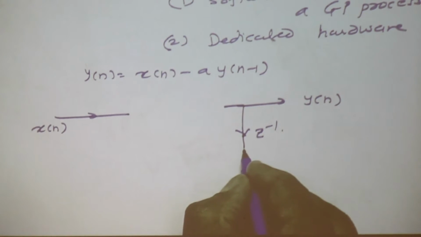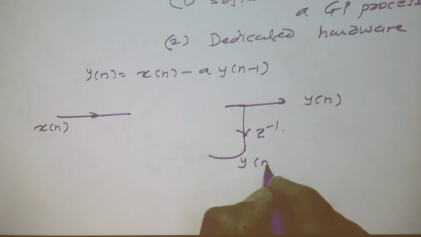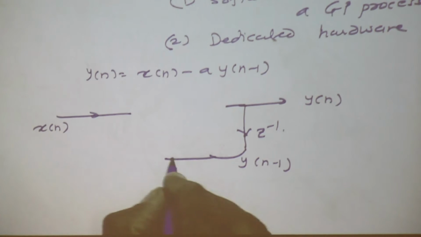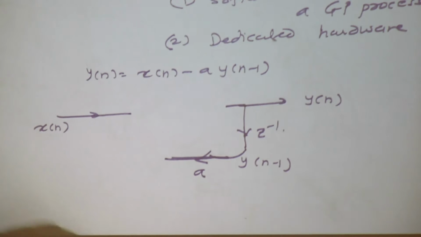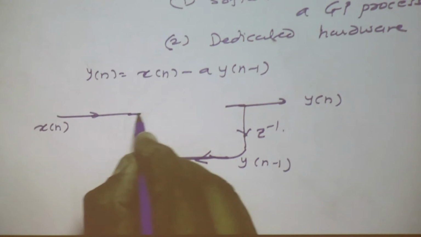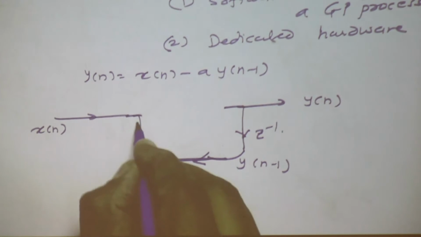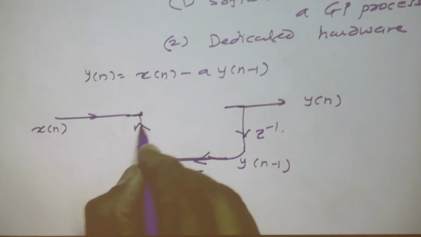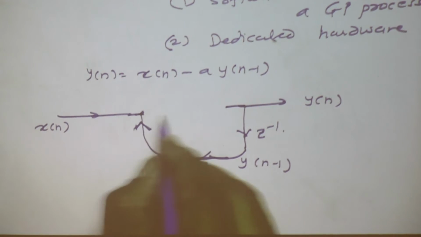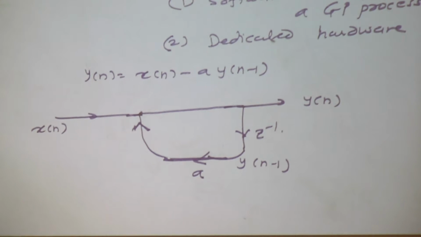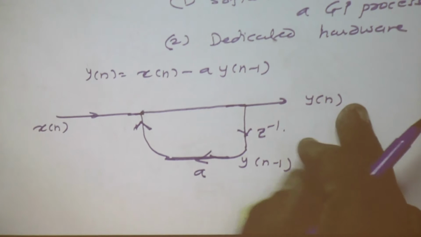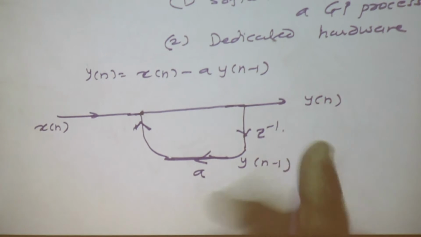So, what is the output here? It is y of n minus 1. This y of n minus 1 I multiply by a. I get a times y of n minus 1 and I add it here. So, two arrows meeting at one place realize an adder, and then this is my y of n. If you want minus, so make it minus.